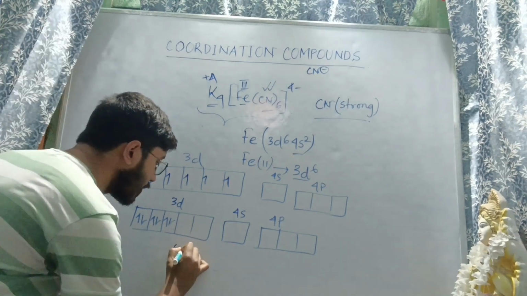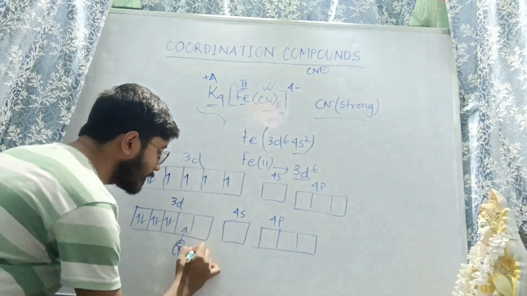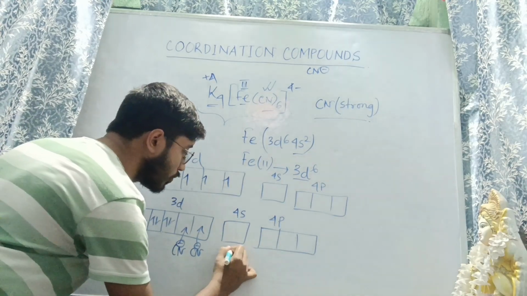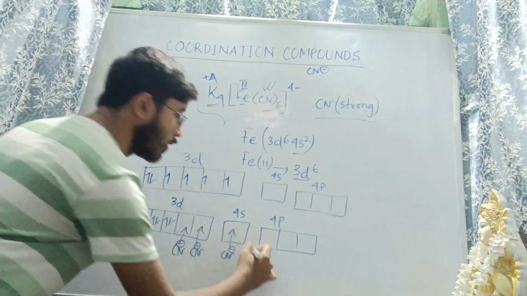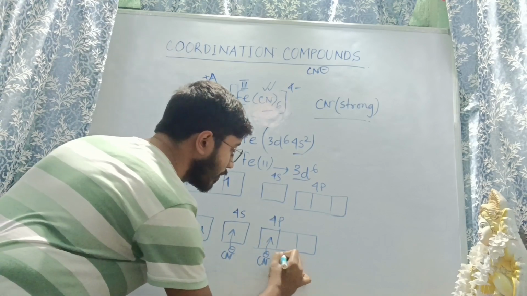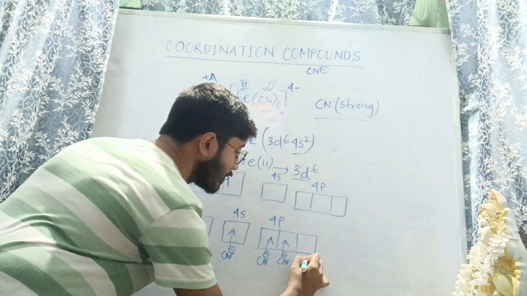So 6 cyanides are present, CN- 1, 2, 3, 4, 5 and 6.